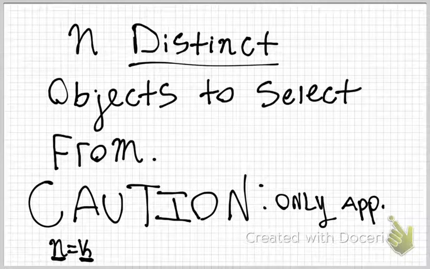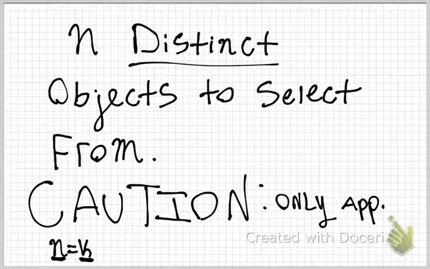It only works when n is equal to k. When n is not equal to k, you'll have to take it on a case-by-case basis. There is no formula for that one. But when n equals k, the formula that we're about to derive today works.